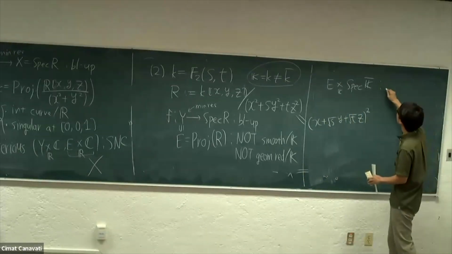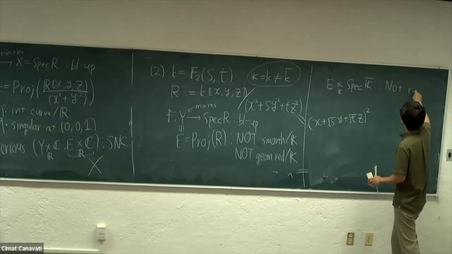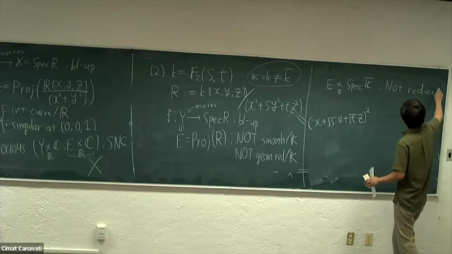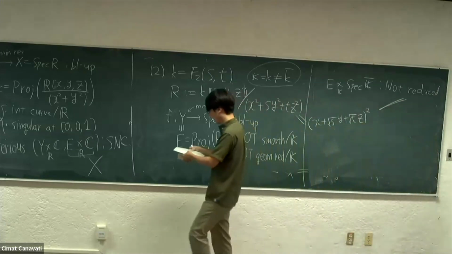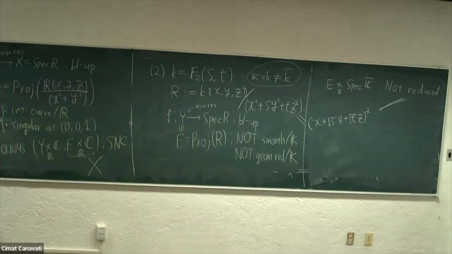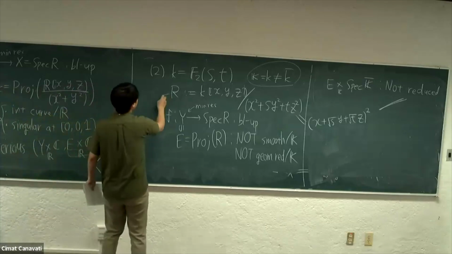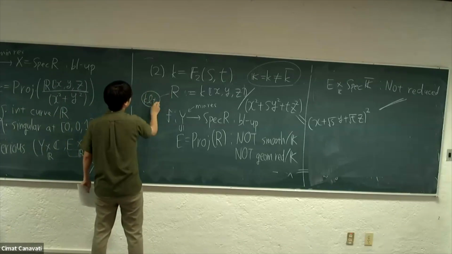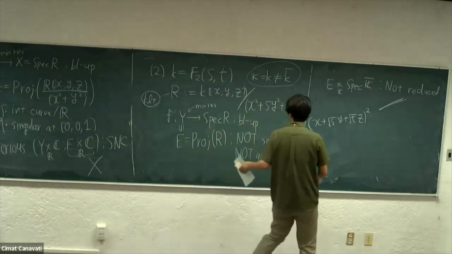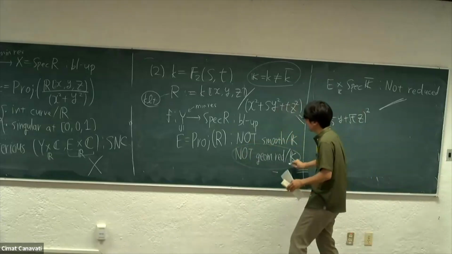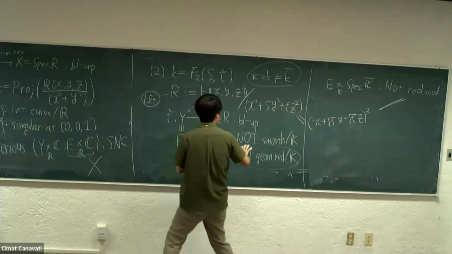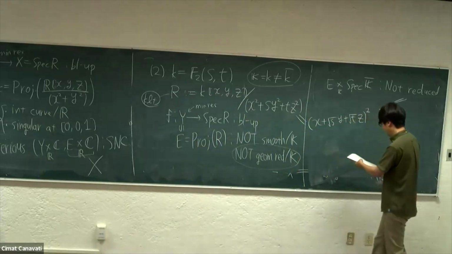So this is not reduced. Yeah, this is the bold line. So in this case, the singularity of R is KLT. But the exceptional curve is not geometrically reduced. So this is a very bad singularity, which is essentially difficult to overcome.